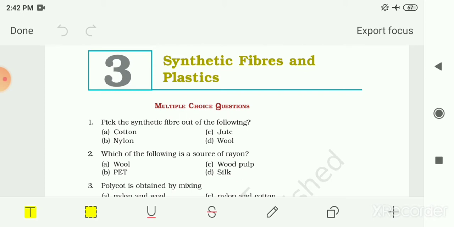The different types of fibers differ from one another in their strength, water absorbing capacity, nature of burning, cost, durability, or you can say in different properties.